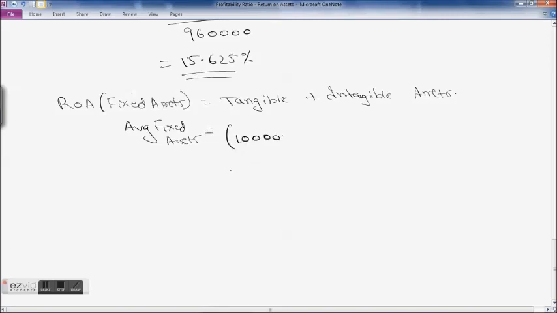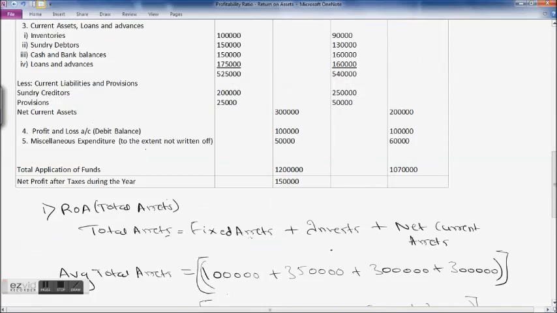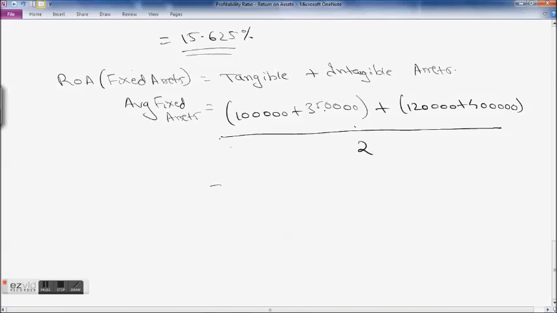For the previous year, goodwill is 1,20,000 plus 4 lakh net block. The entire thing we have to divide by 2 since we are calculating the average of 2 years. So that comes to 4,85,000.